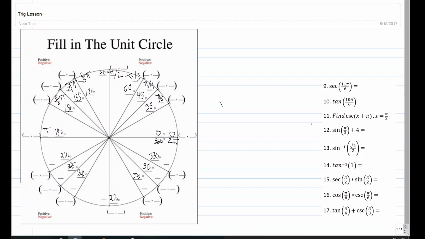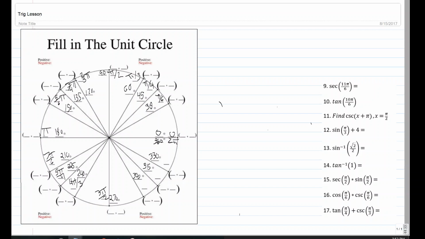And then we're going to apply that same logic. Pi plus pi over 6, 7 pi over 6. Pi plus pi over 4, 5 pi over 4. Pi plus pi over 3, 4 pi over 3. And then we get to 3 pi over 2. Pi plus pi over 2. And then we just do the same thing again.